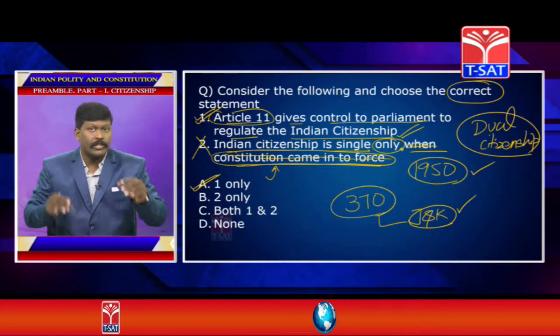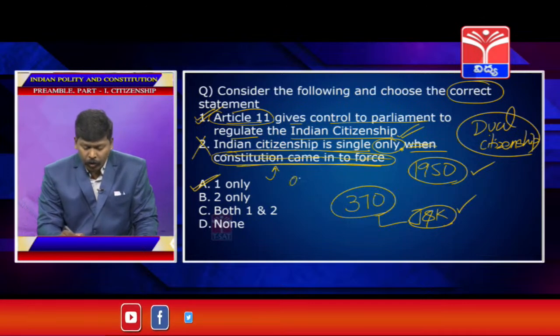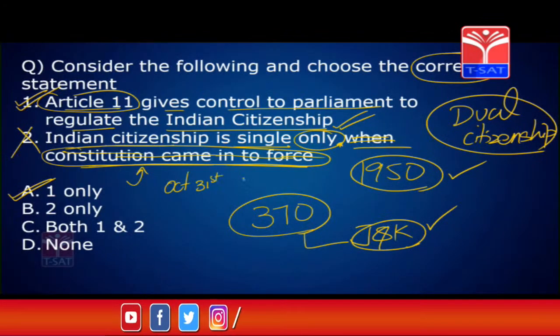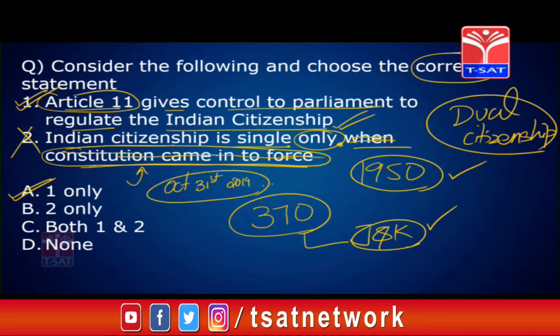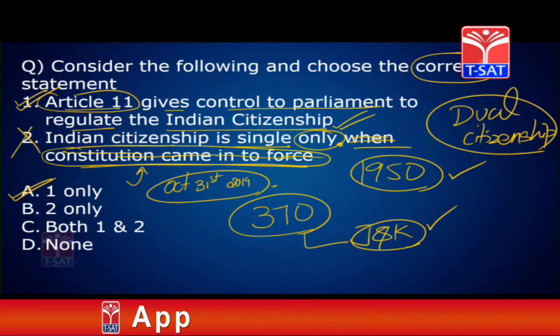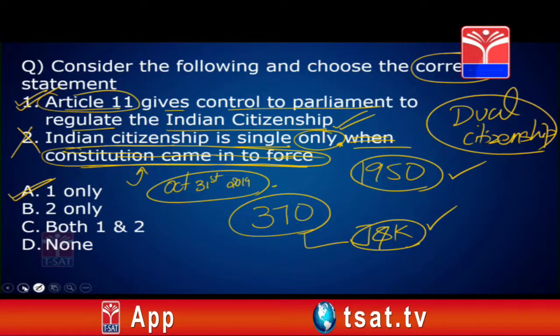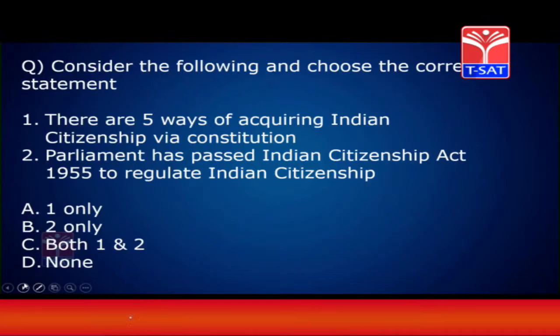There is only single citizenship presently from October 31st, 2019. From October 31st, 2019, there is no separate citizenship given by the Jammu and Kashmir government to the Jammu and Kashmir people. Next question.